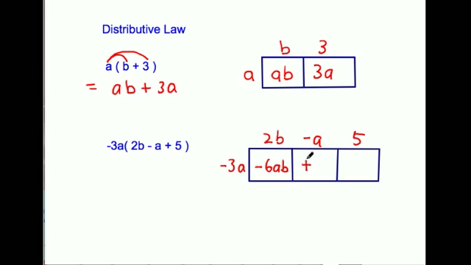Negative times negative is positive 3a squared, and negative 3 times 5 is negative 15a. Therefore, we have negative 6ab plus 3a squared minus 15a.